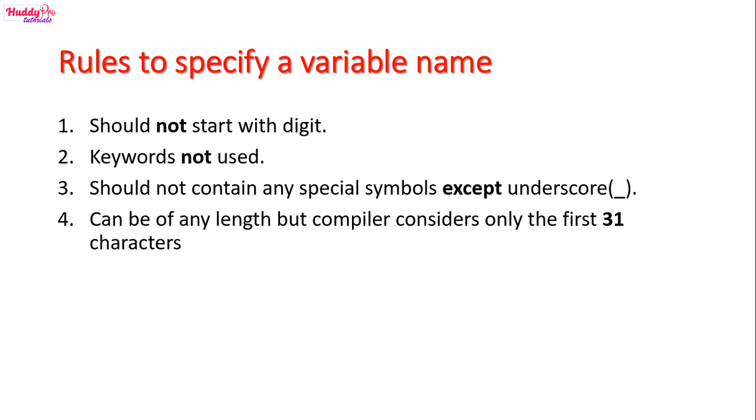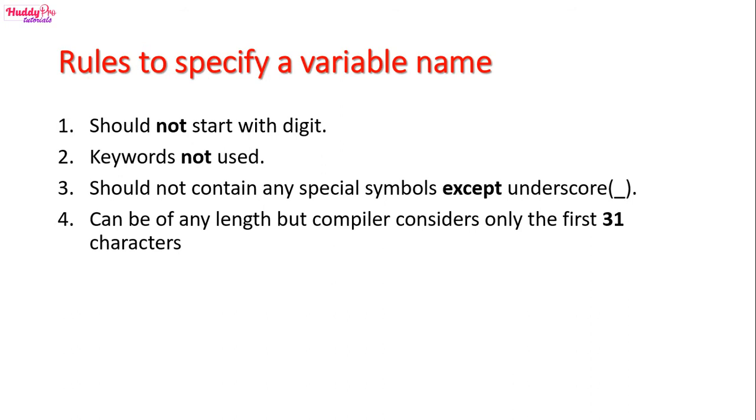And number two, keywords should not be used as variable names. For example, the word int is already known to the compiler, it's reserved. The word enum, the word const, the word float, the word double, all those words, the word main, cannot be used as variable names. Why?